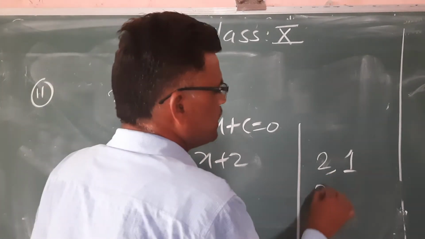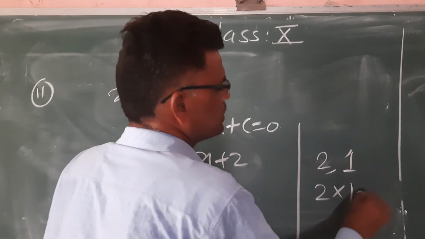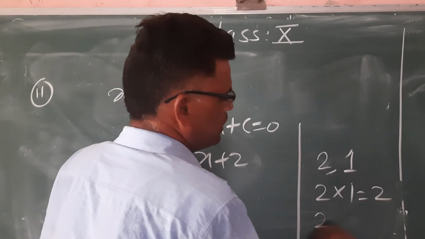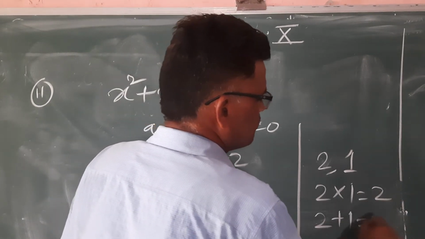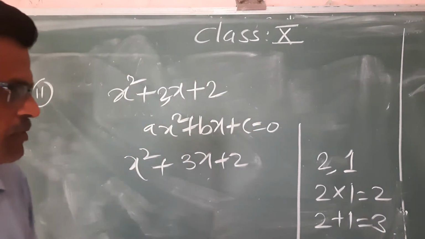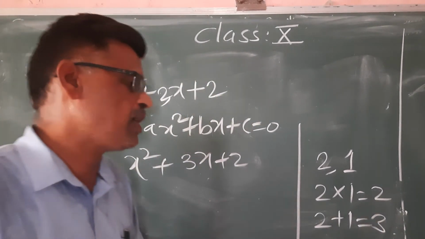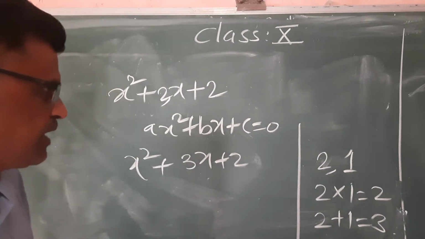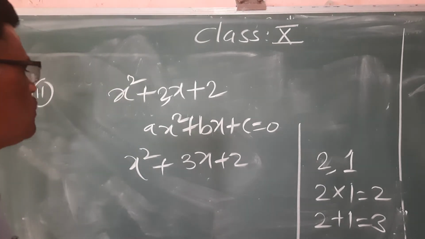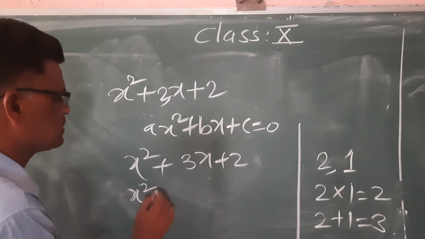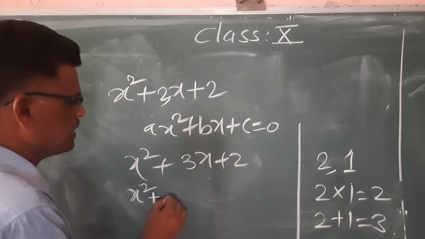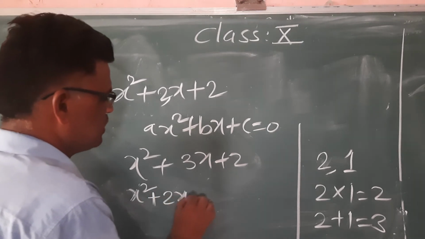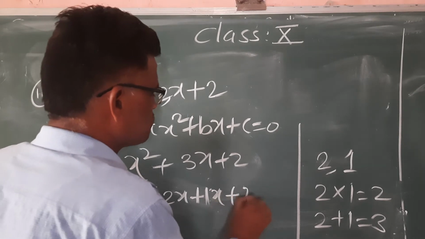When we multiply 2 into 1, that is 2, and when we add, we get 3. Therefore, by splitting the middle term, we can write 2x plus 1x plus 2.